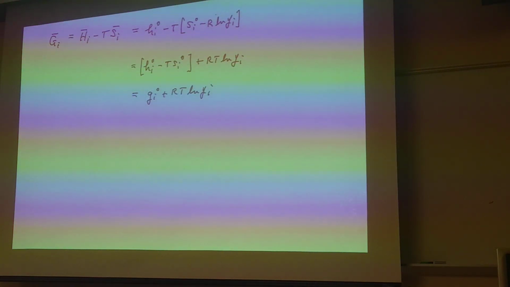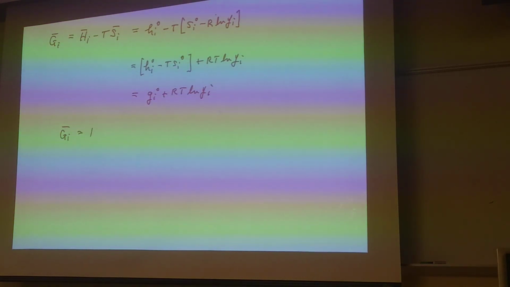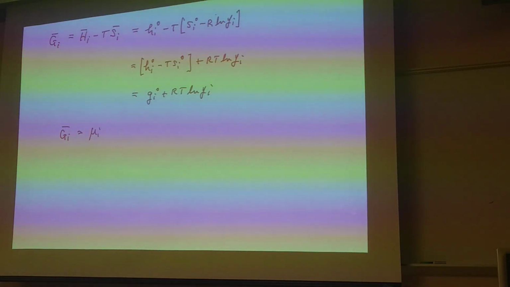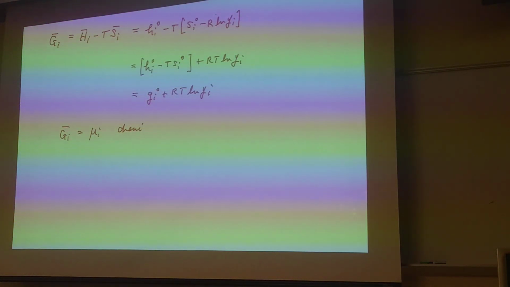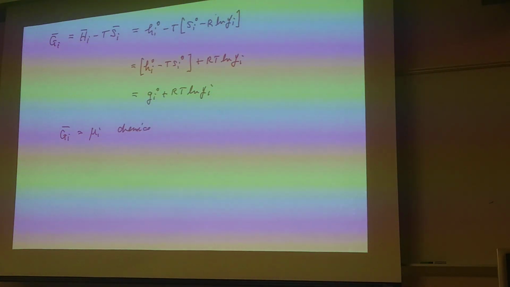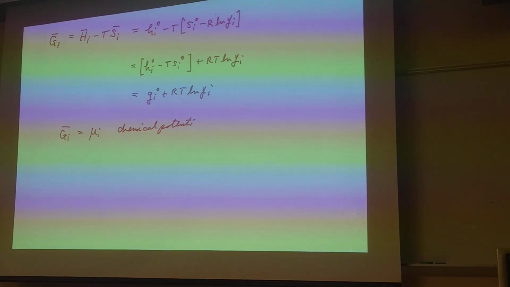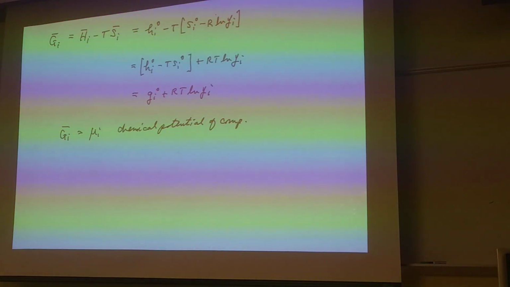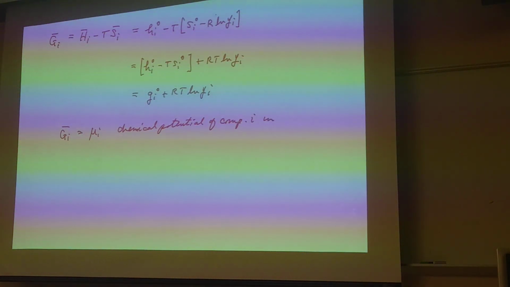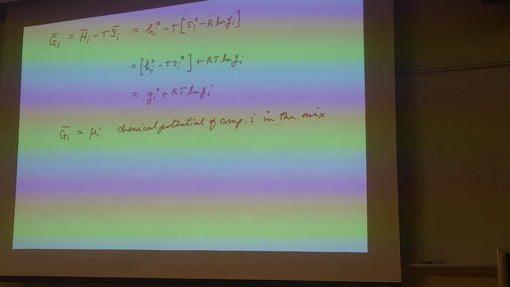So what I'm going to do here is write the partial molar Gibbs free energy as mu sub I. And this is called the chemical potential of component I in the mixture or solution.